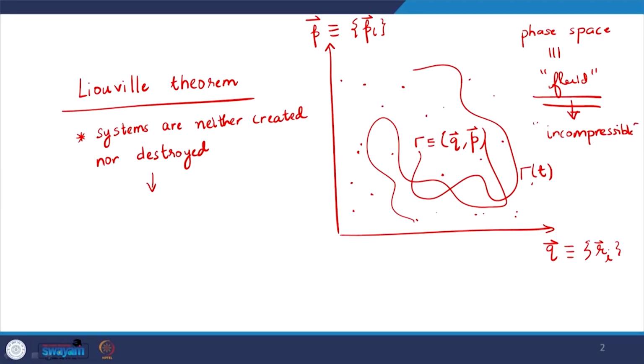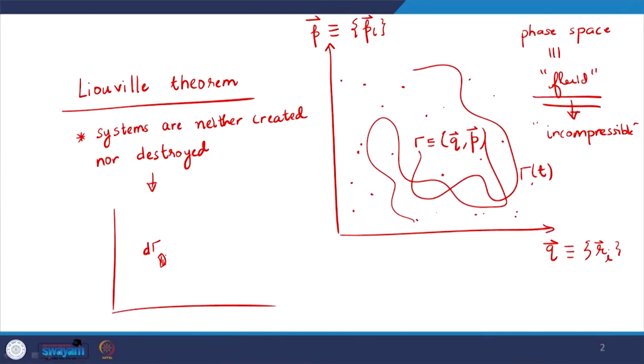And as a result of that, what we can then say is that if I look at any small volume in the phase space, let me define the volume as some d gamma, a small range of possible values of gamma. Of course, that d gamma is also going to evolve with time, and in the phase space plot it is quite difficult to visualize what it will look like, but clearly the shape of that small d gamma may not remain the same.